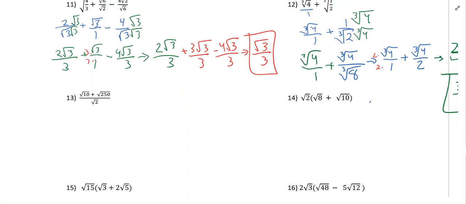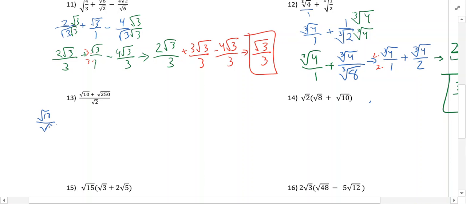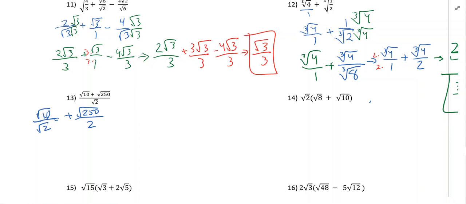All right, so what you want to do here is remember this denominator of 2, and it's going to apply to both if you split up the expression. So you can think of it like this, as rad 10 over rad 2. Sorry, my pen isn't working that well.